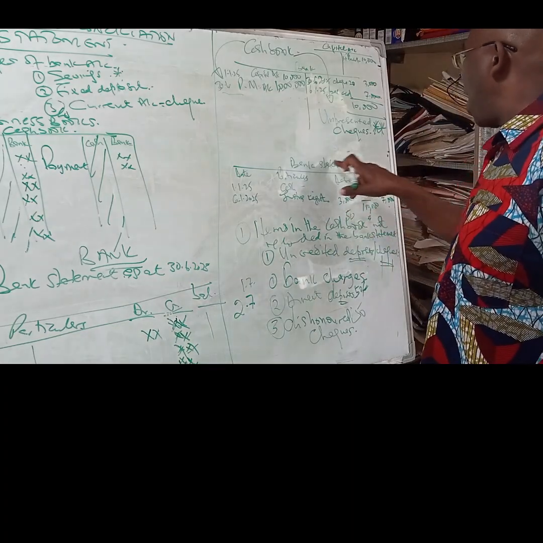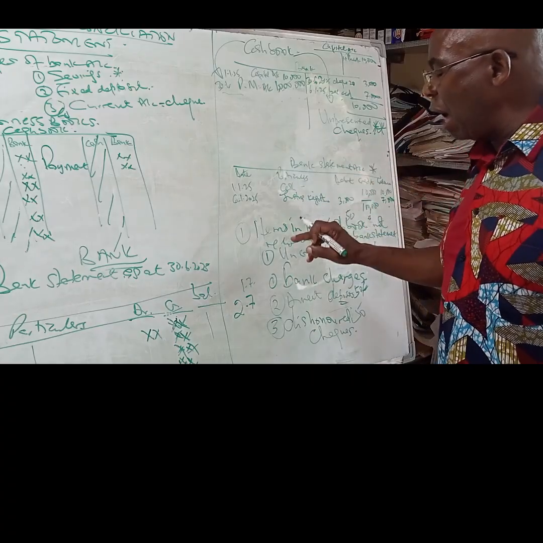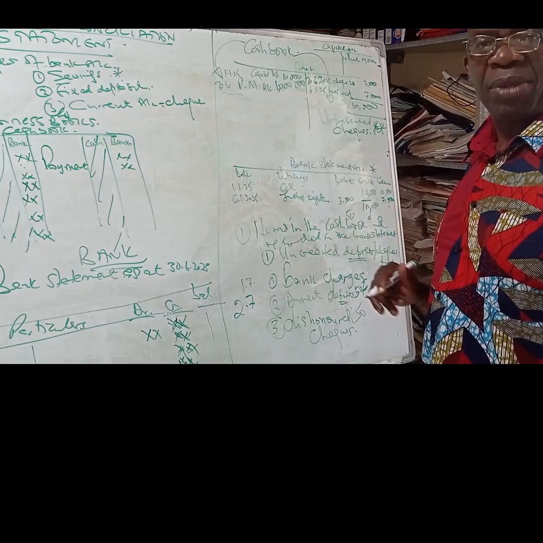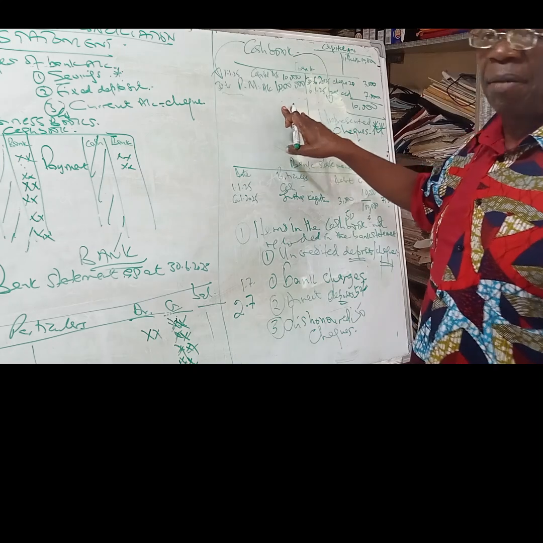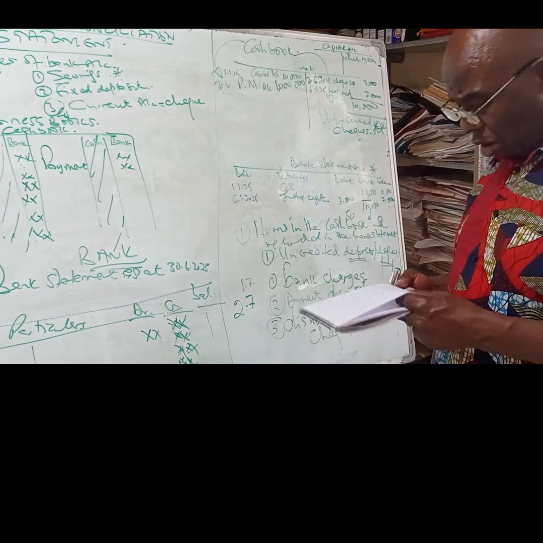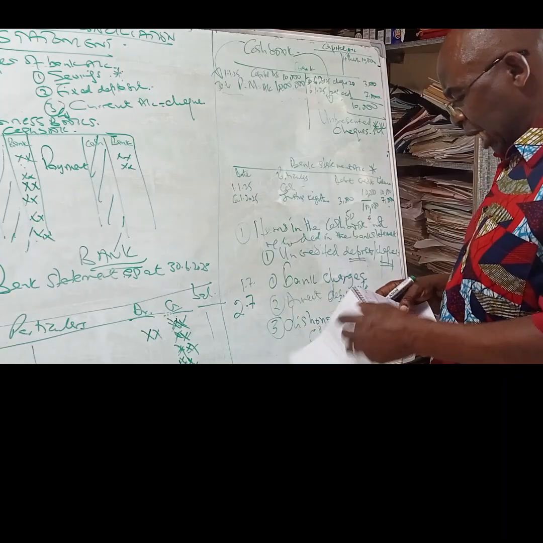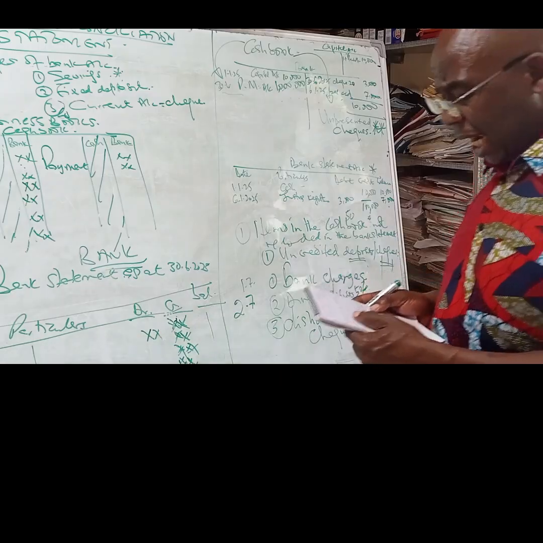The bank which is supposed to pay our money fails to pay, and therefore that check is returned. We have recorded in our cash book that we have received 1 million shillings, but the bank has not recorded 1 million shillings. That will cause the difference. It is called dishonored checks.